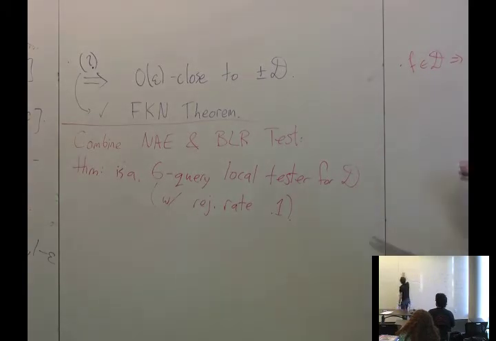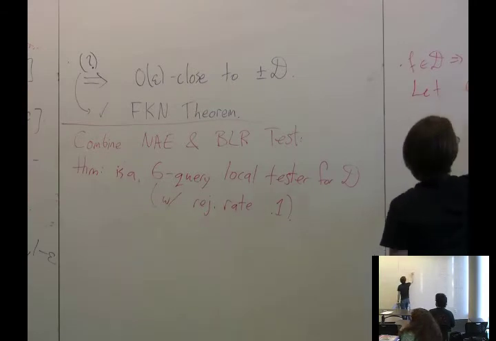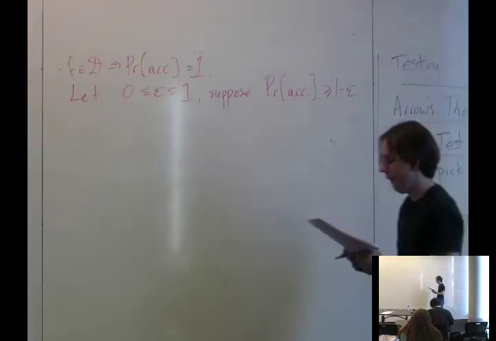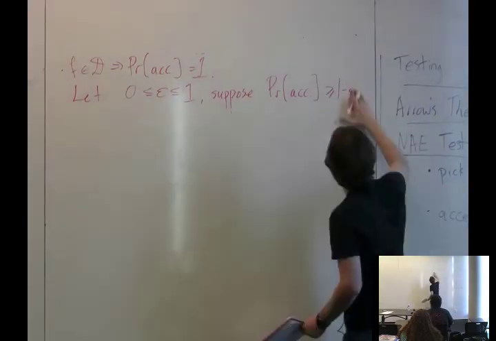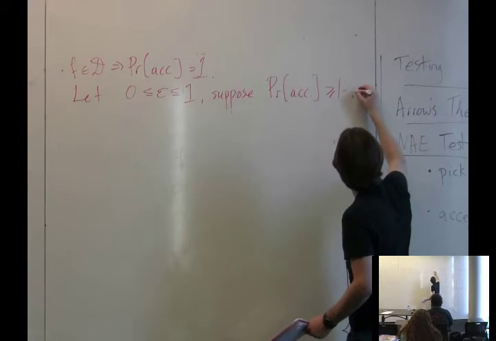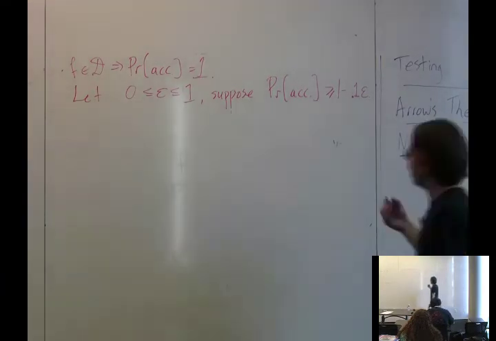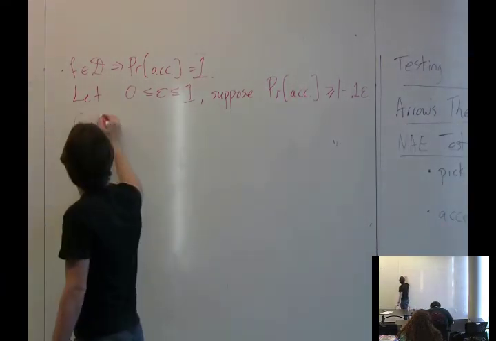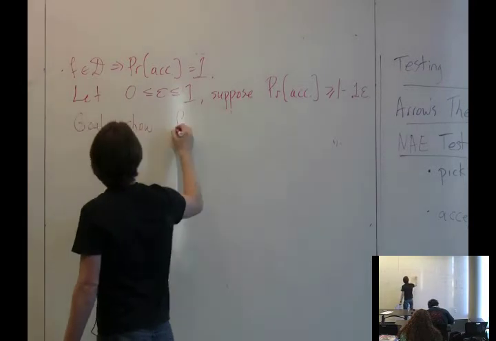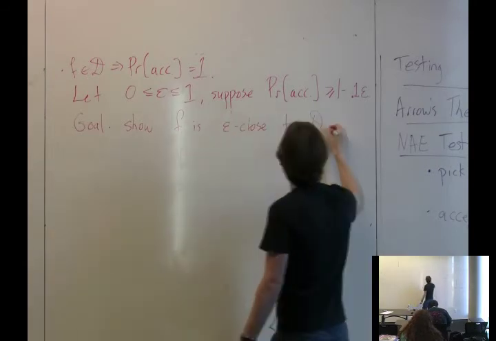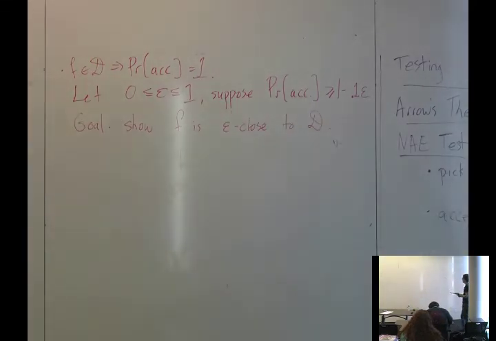So let epsilon be between 0 and 1, and suppose that the combined test passes with probability at least 1 minus 0.1 epsilon. That's where the rejection rate goes in here. Our goal now is to show that f is epsilon close to some dictator. That's precisely what we need to do.